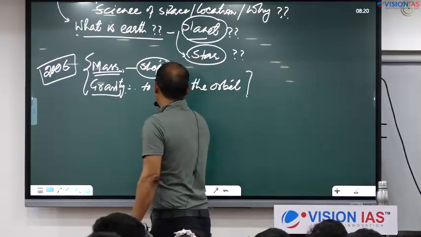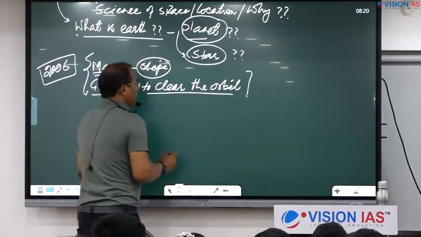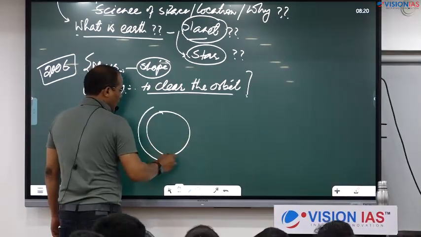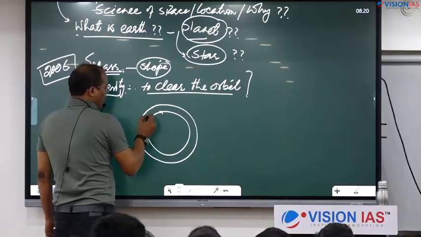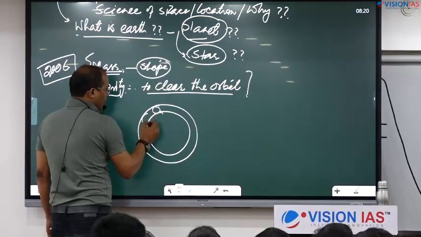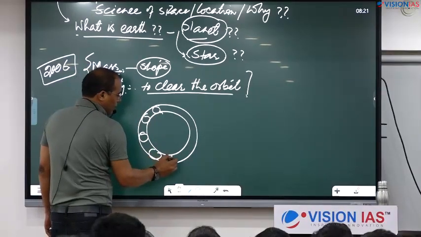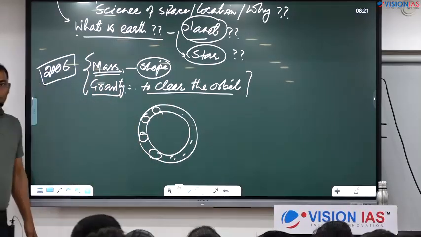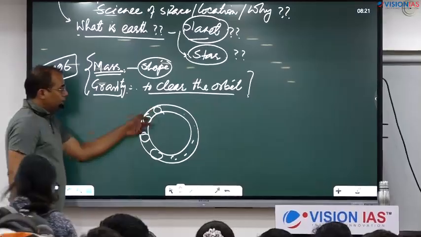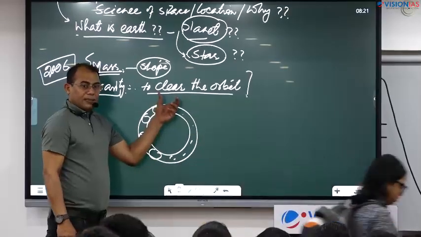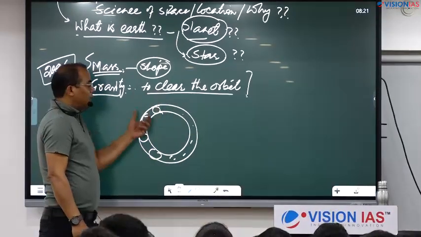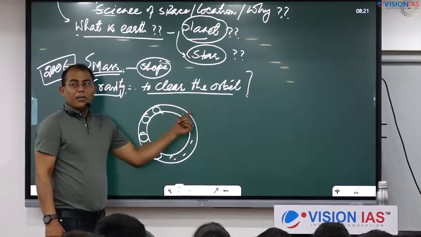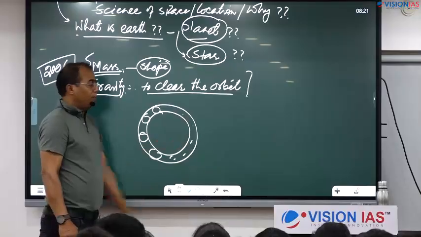Now, clearing its own orbit, what do we mean by that? We all know that any celestial body revolves around an orbital plane, like Earth may be here, sometimes here, and so on. So, this is called orbital plane or orbit, right? Within this, anything should not exist. If anything comes, it should be an integral part of the planet. Only then it will be called a planet, right?